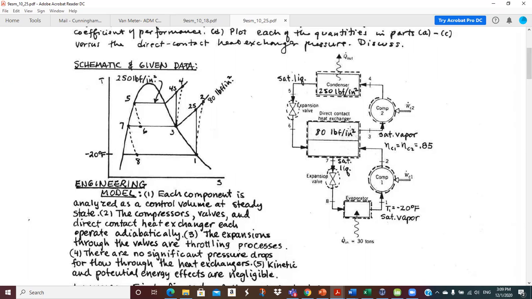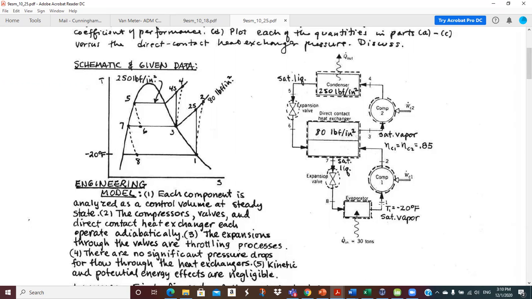That cooling helps the efficiency of the system or enhances the COP, however you want to think about it. And then the heat rejection is from the condenser up here. And we have 2 expansion valves and 2 compressors. And so this is what the schematic and the T-S diagram look like.